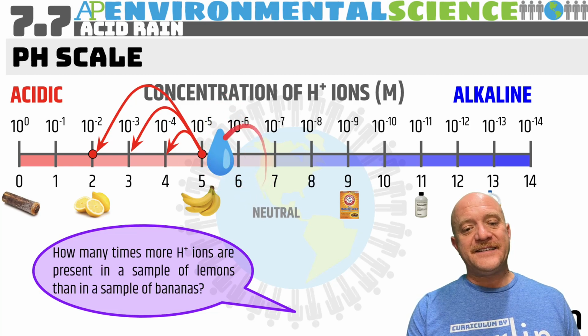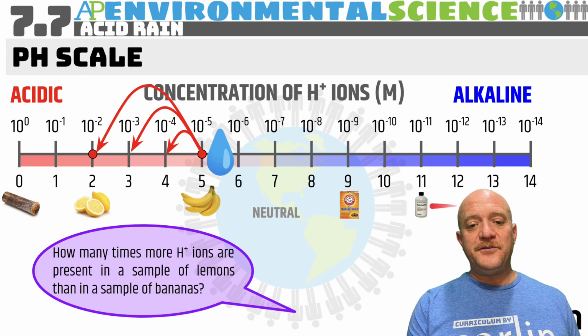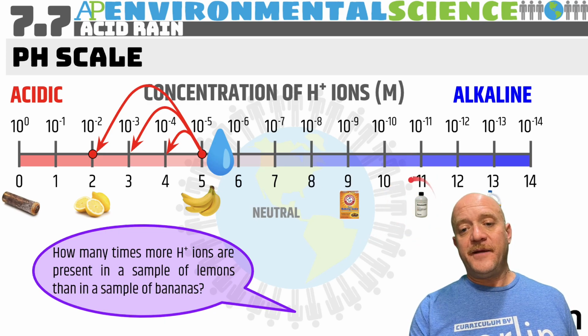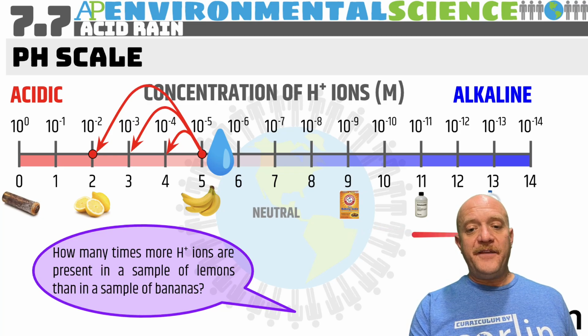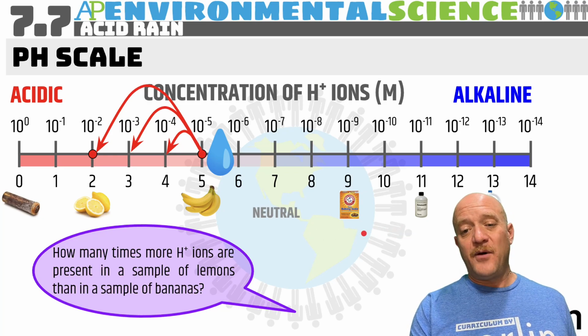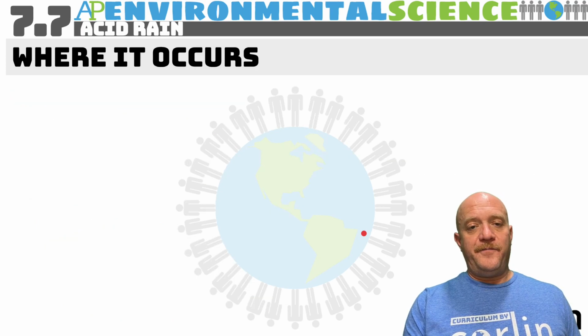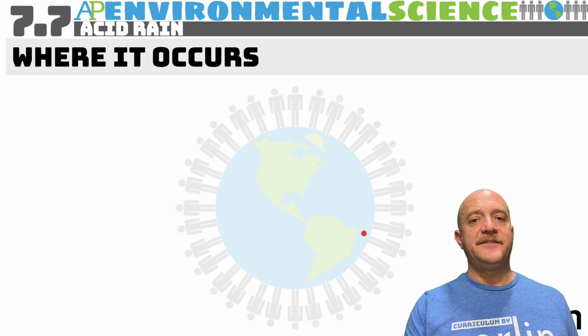But around 6 is going to be relatively neutral. Now, when we get into basic conditions, we have sodium bicarbonate or baking soda. We have sodium hydroxide, and we have chlorine bleach. These are all basic solutions. Ammonium is also basic.